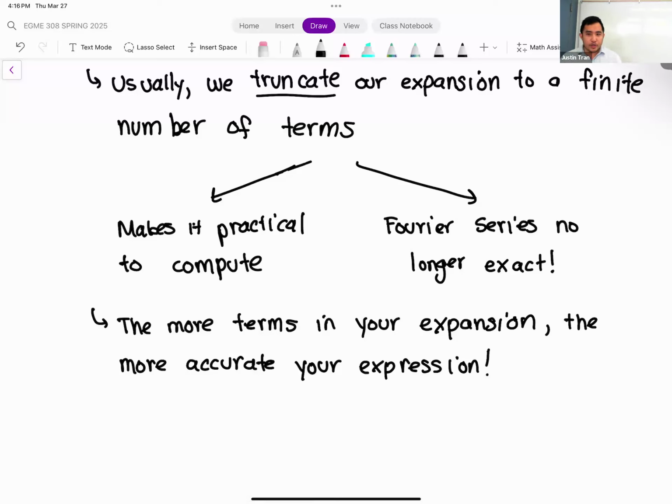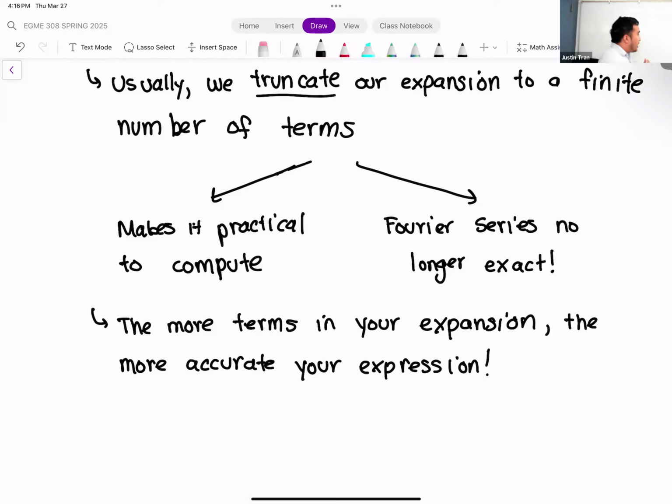It's a kind of one-to-one relationship between cost and benefit. If you're willing to put in the work to compute 10 coefficients, 20 coefficients, 30 coefficients, then your result is always going to be more accurate.